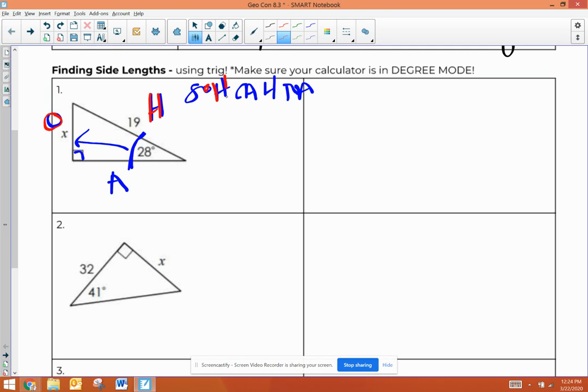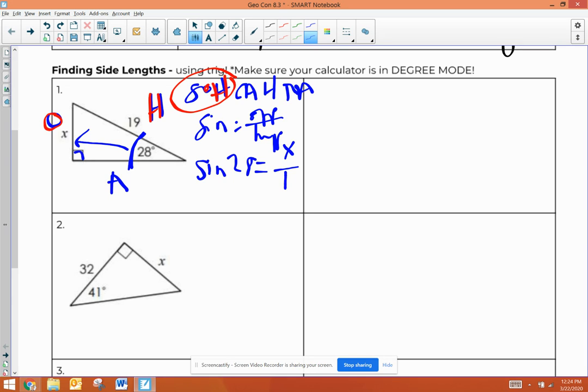So opposite and hypotenuse, I'm going to use SOH. I'm going to say that sine is the opposite over the hypotenuse. The sine of what, though? It's the sine of the angle. So I'll say the sine of 28 equals opposite over hypotenuse. So that's x over 19.